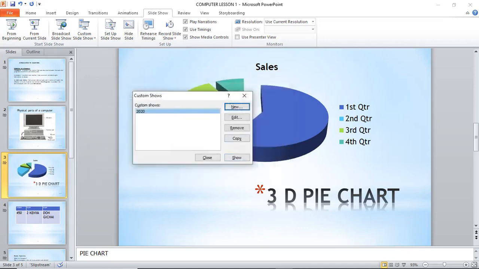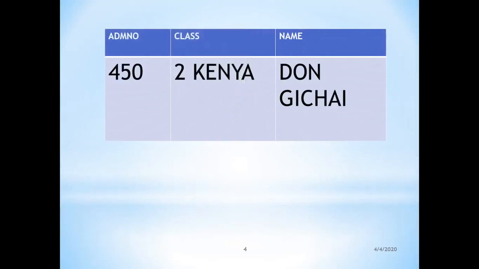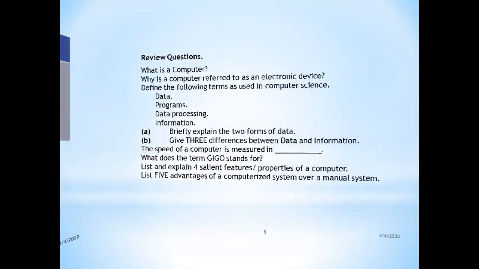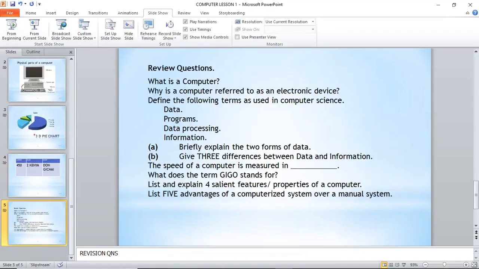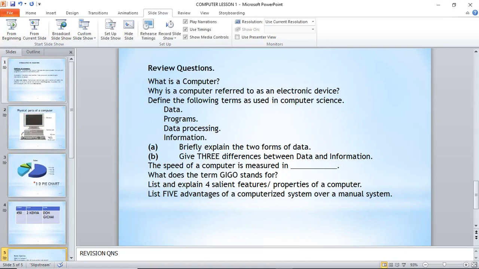Therefore, after doing so, you see now I have slide number 4 and slide number 5, and everything else is gone. Therefore, that's how you can come up with a custom show.